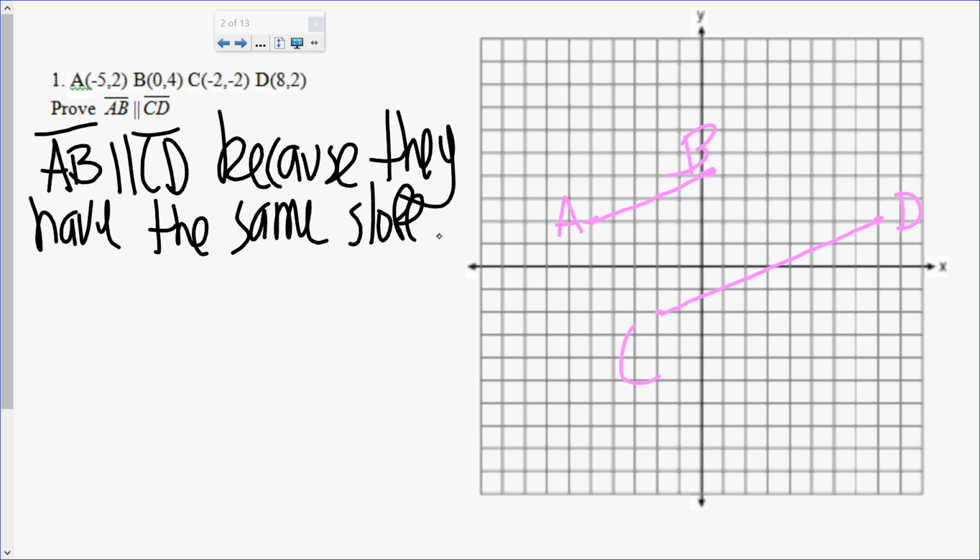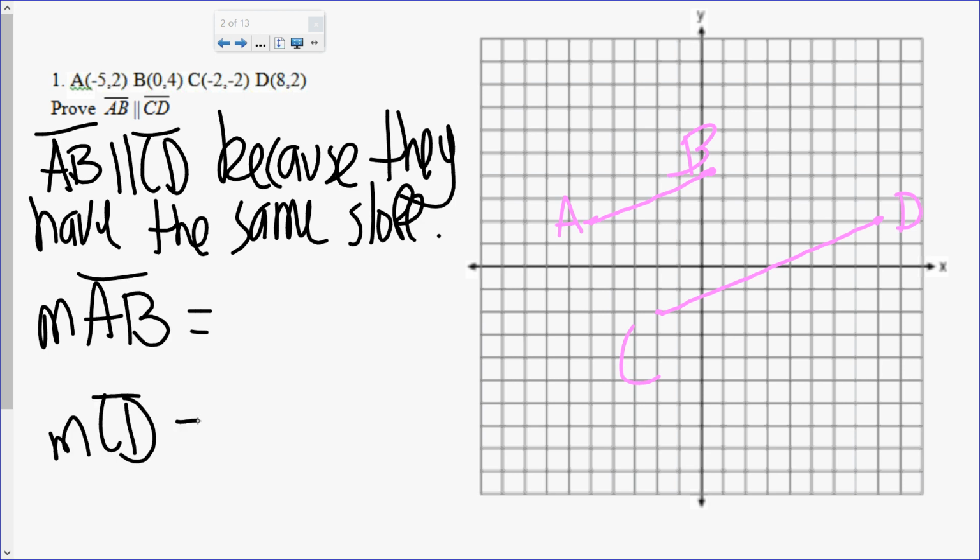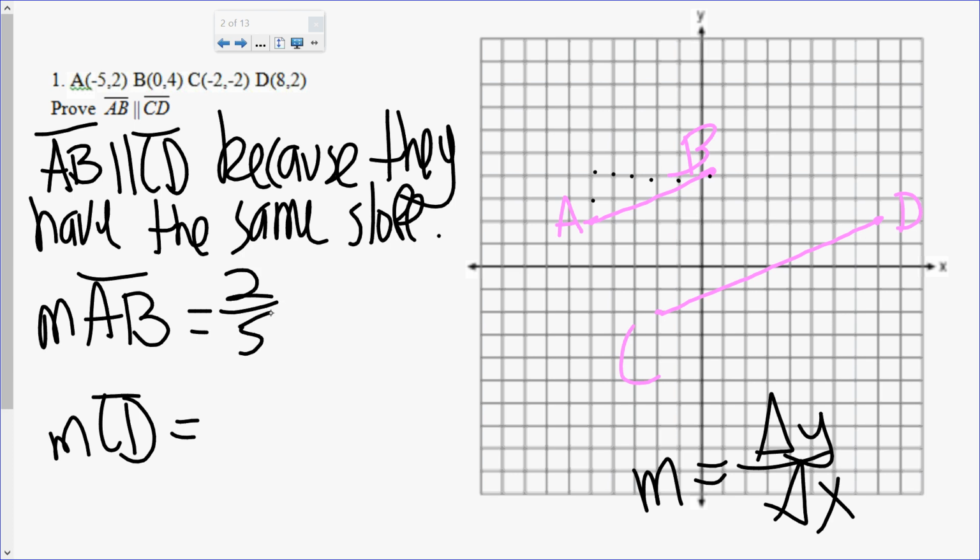So now I'm going to calculate the slope for AB and the slope for CD. Slope equals delta y over delta x. So AB is up 2 over 5. Delta y is 2, delta x is 5.